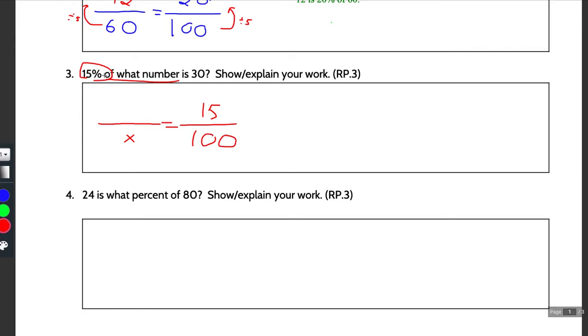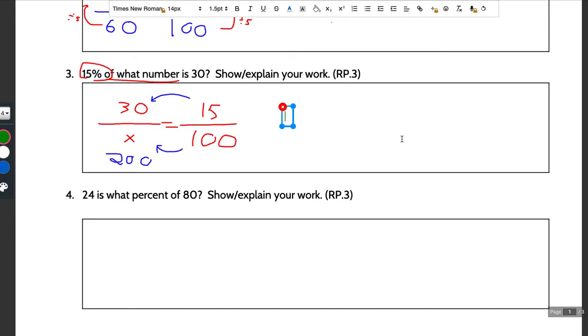Another trick is it says 15% of something is 30. This one's pretty easy to solve mentally as well because it's times 2. So this would be times 2. This would be 200. So why not, I'll just write it out: 15% of 200 is 30.